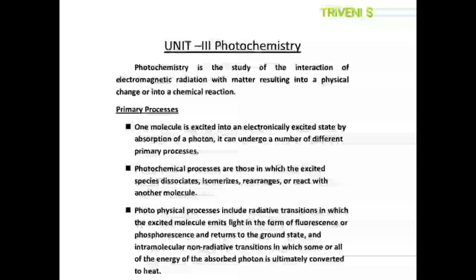In the presence of light, when molecules absorb the light, no chemical changes occur but physical changes occur. What are the physical changes? When the molecule absorbs the light, the substance allows the emission of the absorbed light. The instant emission of absorbed light we call fluorescence.